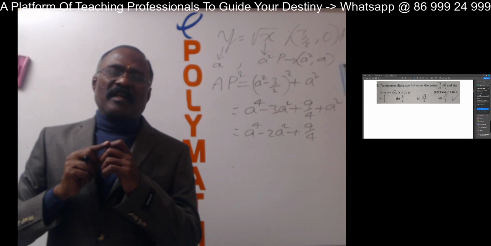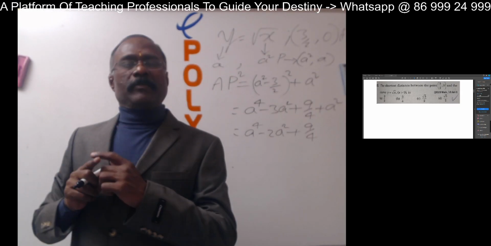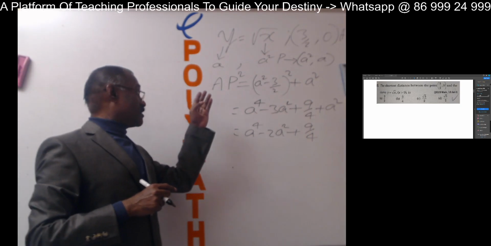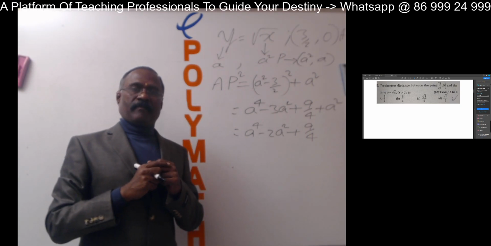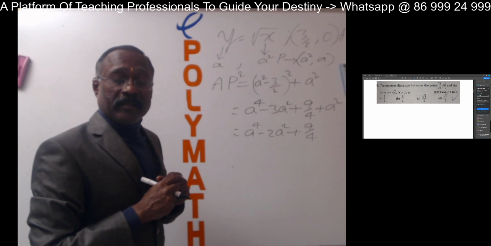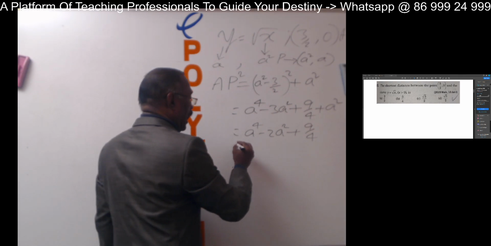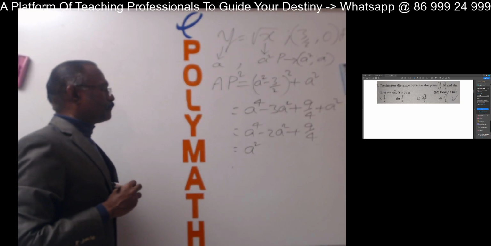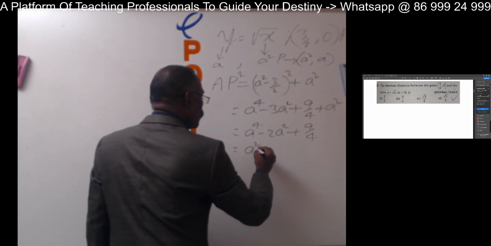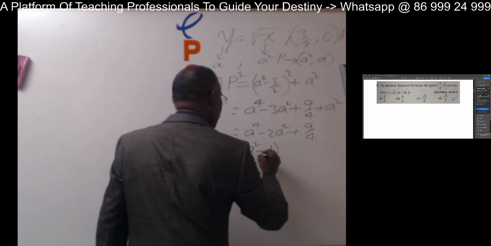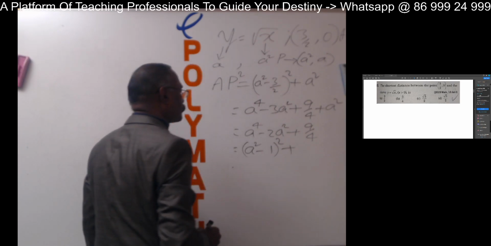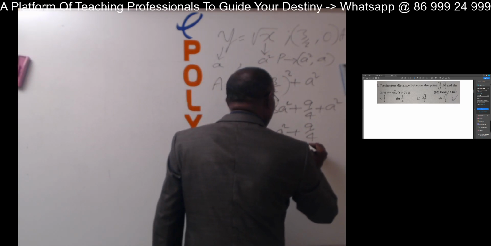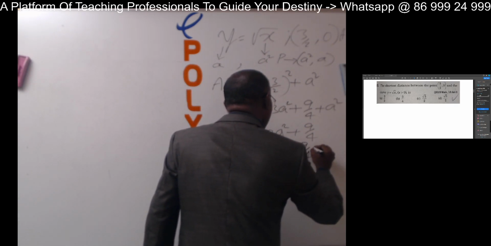What you have to understand here is that a is a variable and you have to minimize it. That means this distance is to be minimized. So what am I trying to do? I want to express it as a perfect square: a square minus 1 whole square, just see this carefully, plus 9 by 4 minus 1.